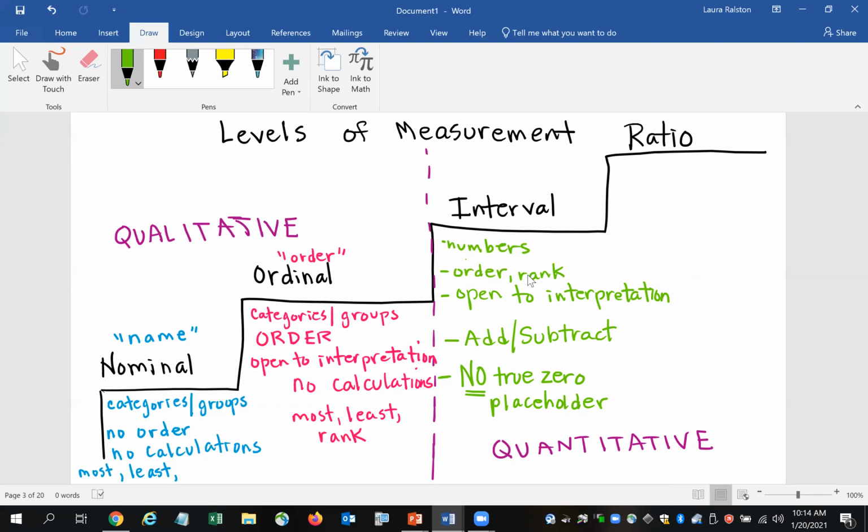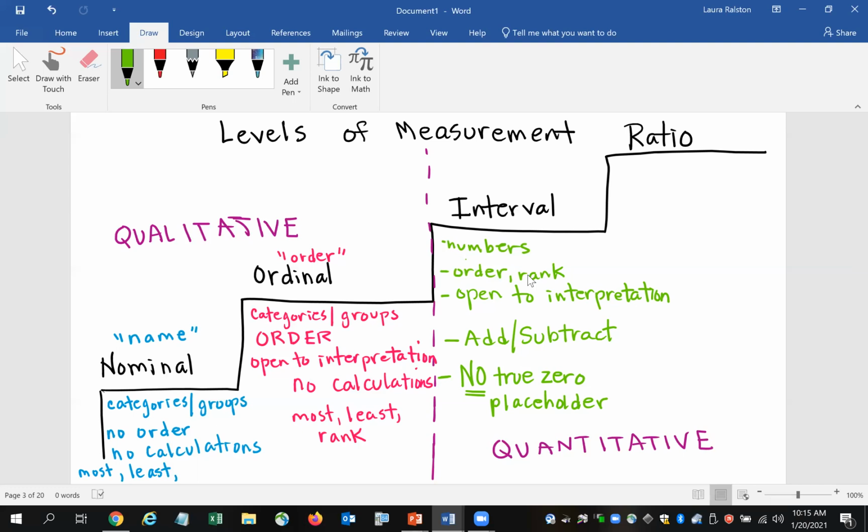Okay, so to have a temperature of 0 degrees doesn't mean there's no heat or no temperature. It's just the point at which we began measuring. Typically at the interval level, you could have negative values because we can talk about having a temperature below 0.